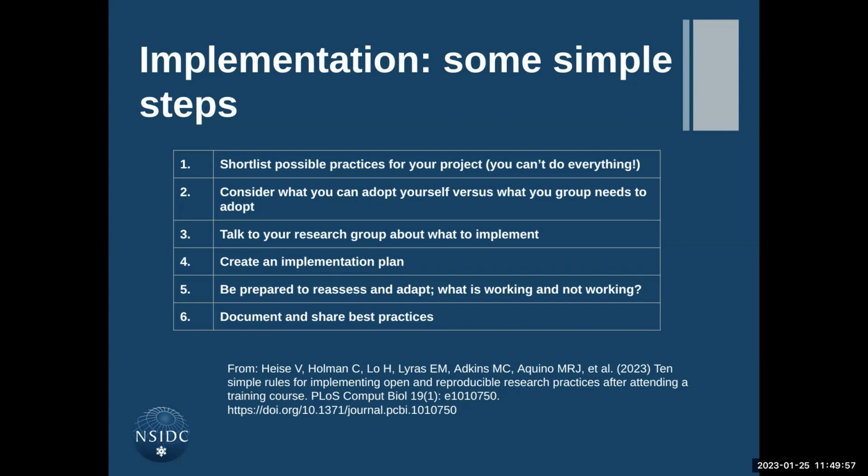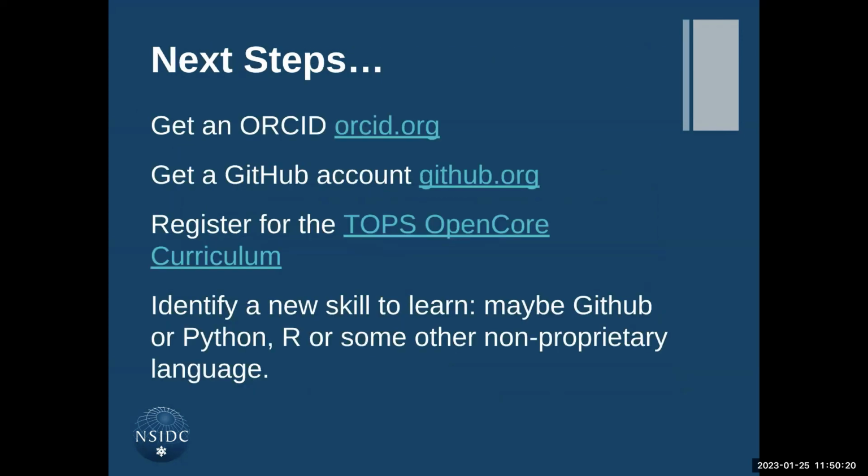You can give a talk on how you do open science on a particular project, not just presenting the results, or write a blog or something like that. And there's some ideas in this paper that I'm referencing, 10 simple rules for implementing open and reproducible research practices. I just picked what I thought were the most relevant.